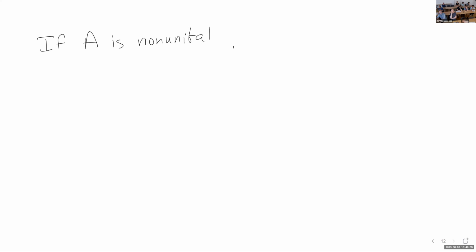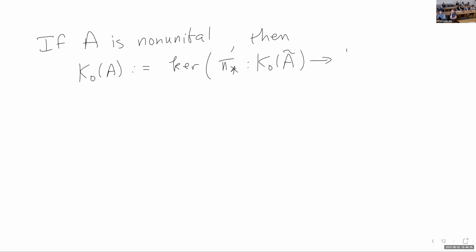So if A is non-unital, then K0 of A is defined to be the kernel of the map pi star from K0 of the unitization to K0 of C, where pi is just the quotient map from the unitization to the complex numbers.